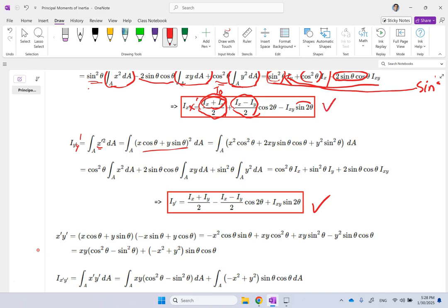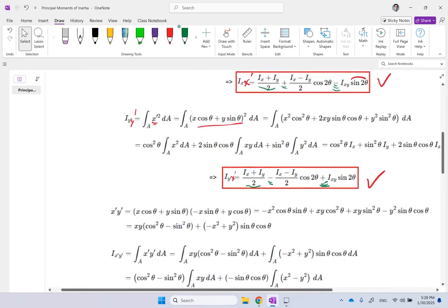So look, now you have formulas for I_x'x' and I_y'y'. You have both of these written in terms of the original values and, of course, the angle. If you look at them, what's the difference between these two? The constant term is the same in both of them. The plus and minus signs are swapped. So if this is a plus, here it becomes a minus. If this is a minus, this one becomes a plus. That's the only difference between them.